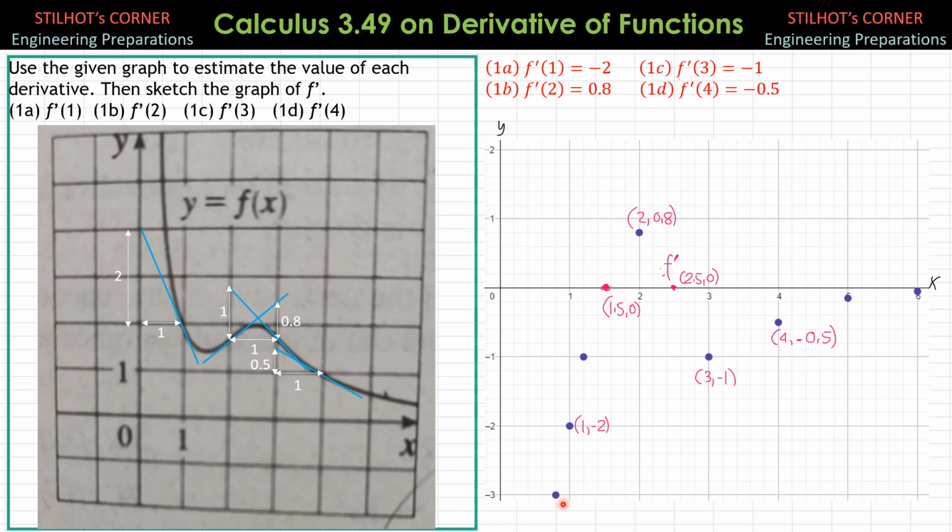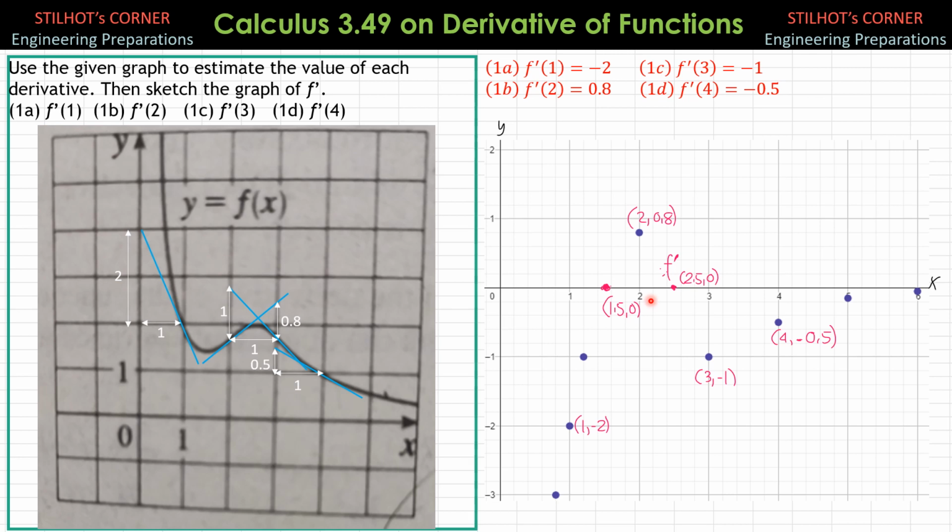So this is negative 2 when x is 1, when x is close to 0. So here there may be negative 3 here, then negative 4, negative 5, negative infinity. So it should begin with negative infinity here, the slope. So that's why we have negative 3, negative infinity as x approaches 0. In particular, when x is 1, f prime of 1 is negative 2. So we have 1 comma negative 2 for the graph of f prime.